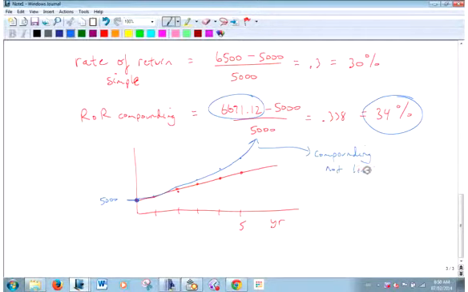Not linear. This one, from last day we did a more careful graph. That's simple interest. Linear. Doesn't matter when it's paid, always the same amount. If they paid it out every year, then you wouldn't have anything extra to compound, would you? But you keep it in there, it compounds.